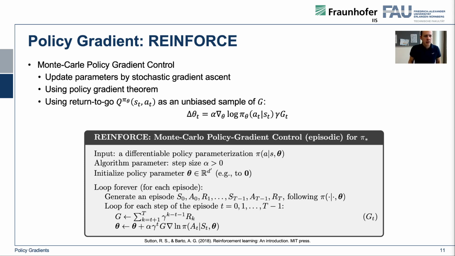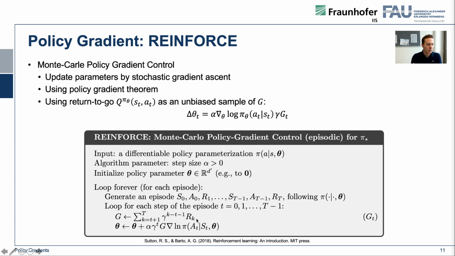You just initialize your network, and then you loop forever over episodes, and you generate a whole episode sequence starting from some initial state following your current policy until you reach a terminal state. Then you go from the beginning of the episode until the end of the episode, and you calculate the reward to go in this setting.